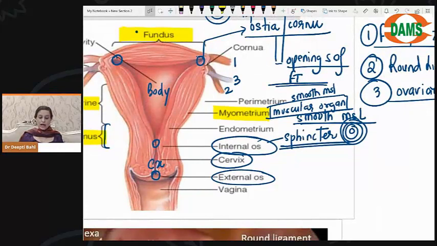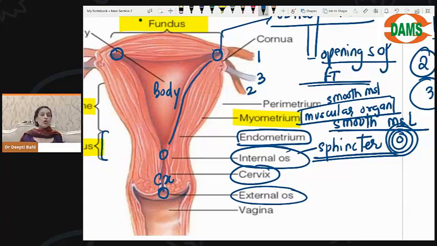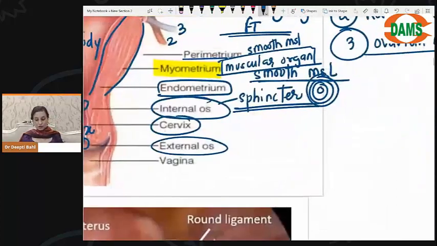Now, look at the myometrium. What is present on the inside of the myometrium? And what is present on the outside of the myometrium? The inside of the myometrium is endometrium. And the outside of the myometrium is perimetrium. So I will repeat.